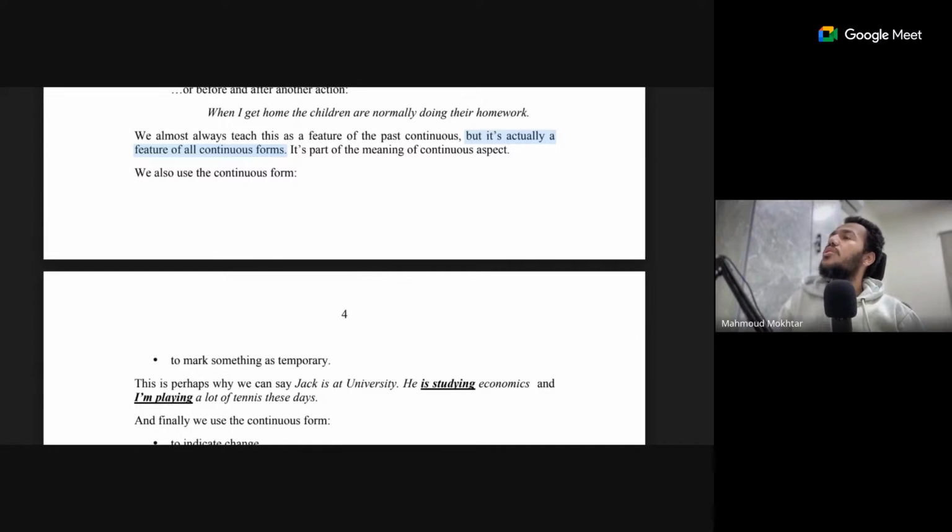which is using present continuous to talk about something in present that happens when something in simple present happens. Like this one. When I get home, that's simple present, a repeated action.